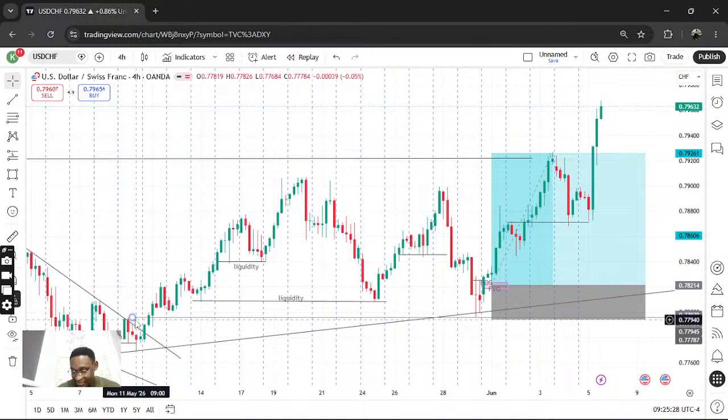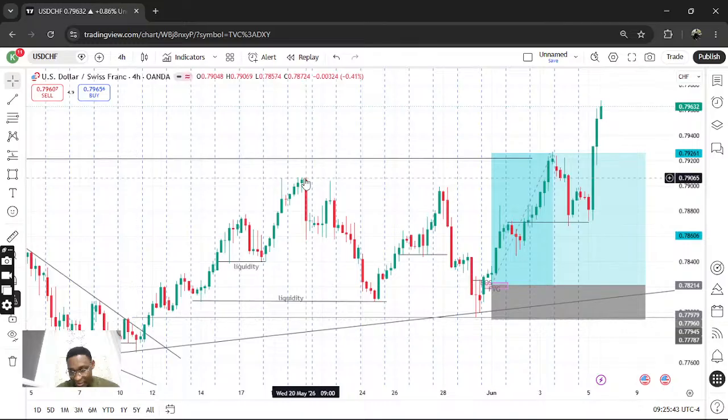So when this long bearish candle was formed, the market came to this particular point and was creating rejections around this order block, because this is the last bearish candle that was formed before this movement.